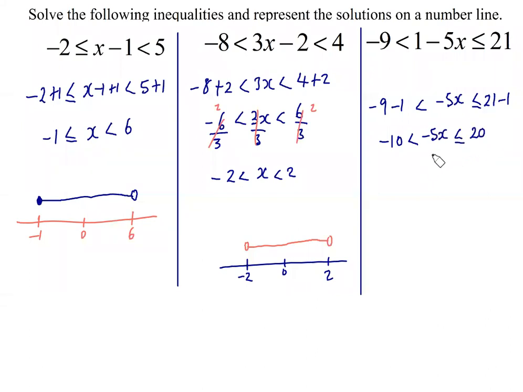Then in this case here, you're dividing by negative. Let me just put the negative there. Once you divide by negative, what do we know? We know that it's going to change our sign. So here it's going to be -5. In changing the sign, what we are doing here is that we swap.